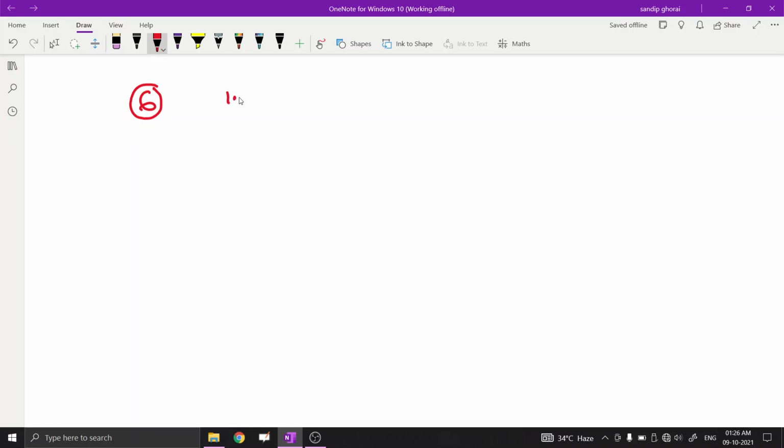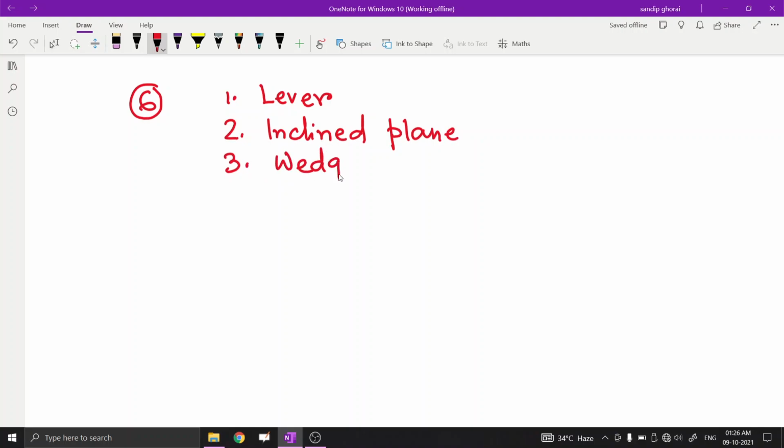One is lever, second one is inclined plane, third one is wedge, fourth one is screw, fifth one is pulley, and the last one is wheel and axle.